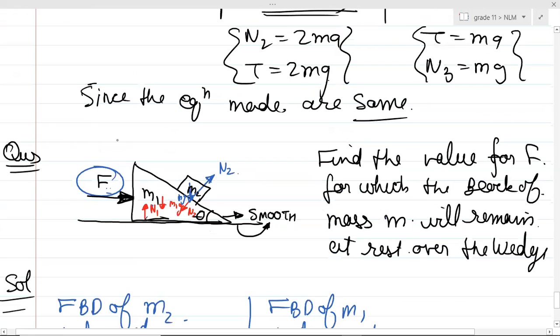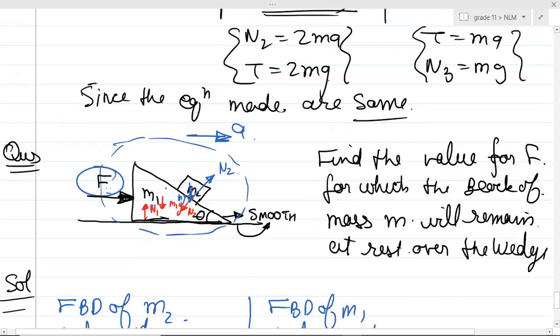Now, can you see, for the block of mass M to be at rest over the wedge, that implies the whole system should move with a common acceleration A, right? I told you this already in the previous concept as well.